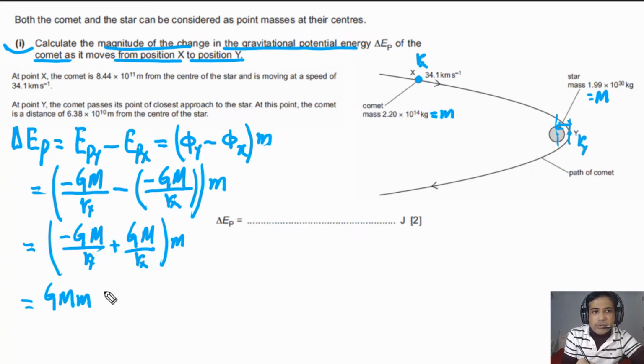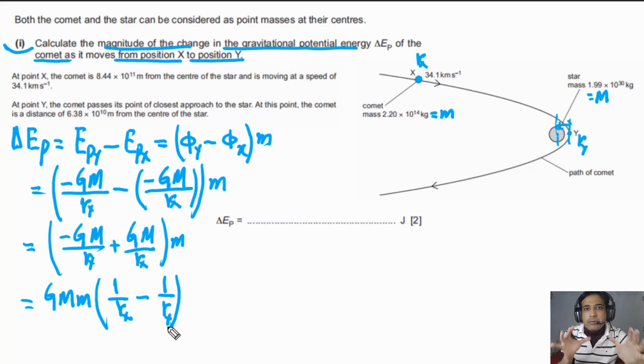It is already out of the bracket, so we can write this simply in terms of r_x and r_y because we have taken GM common. So we can write this as 1 over r_x minus 1 over r_y. We need to plug in values. That's all we need to do now.